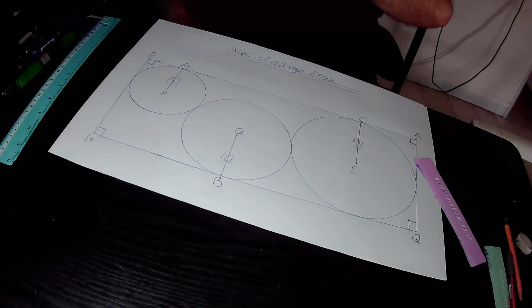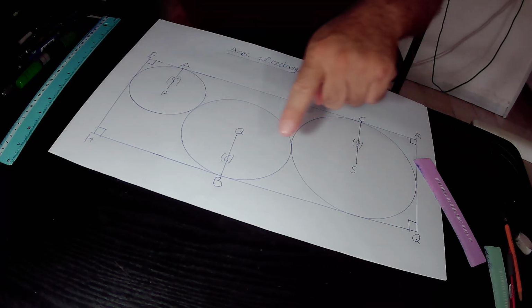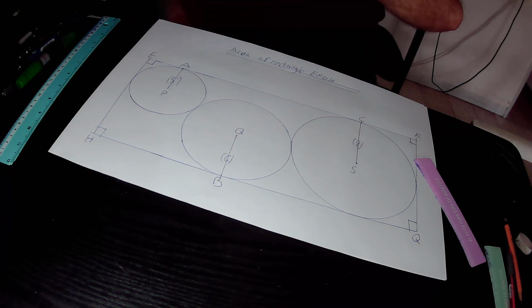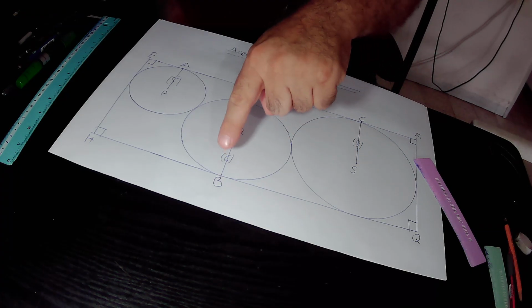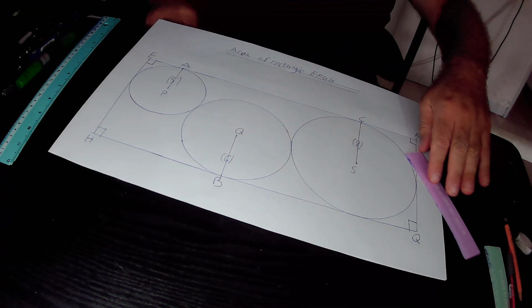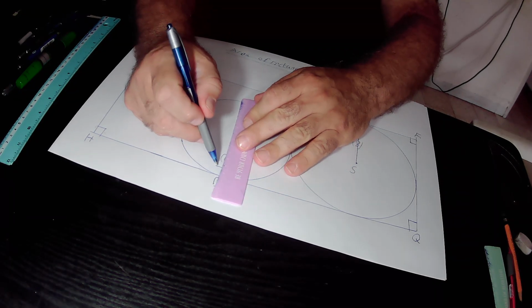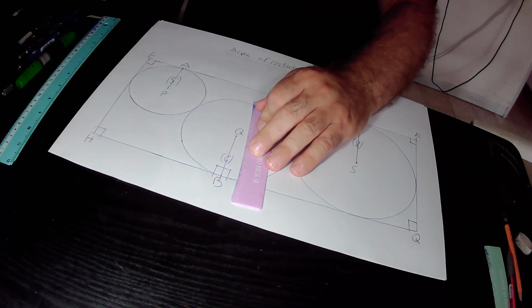And whenever you have a radius that is drawn to the point of tangency, then tangent HQ will be perpendicular to the radius BQ. If HQ is perpendicular to BQ, it means that this angle equals 90 degrees, and this angle also equals 90 degrees according to rule 1.